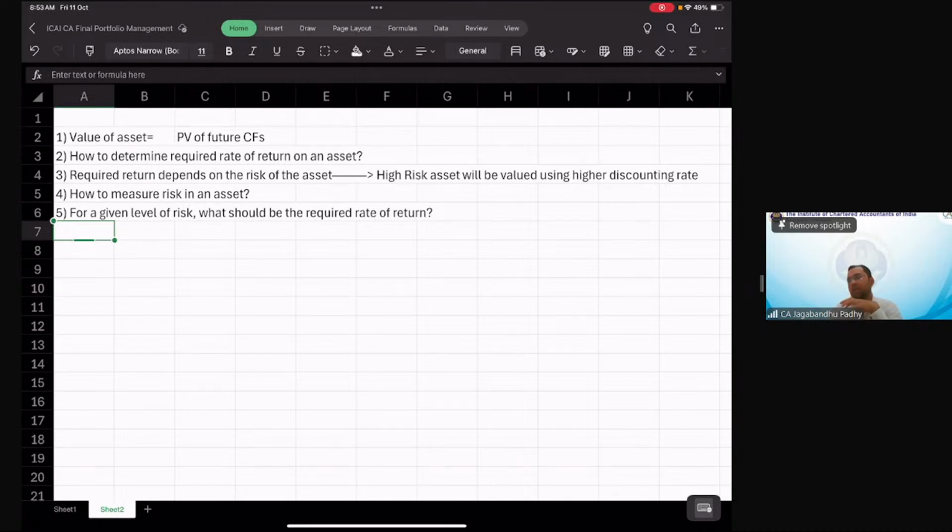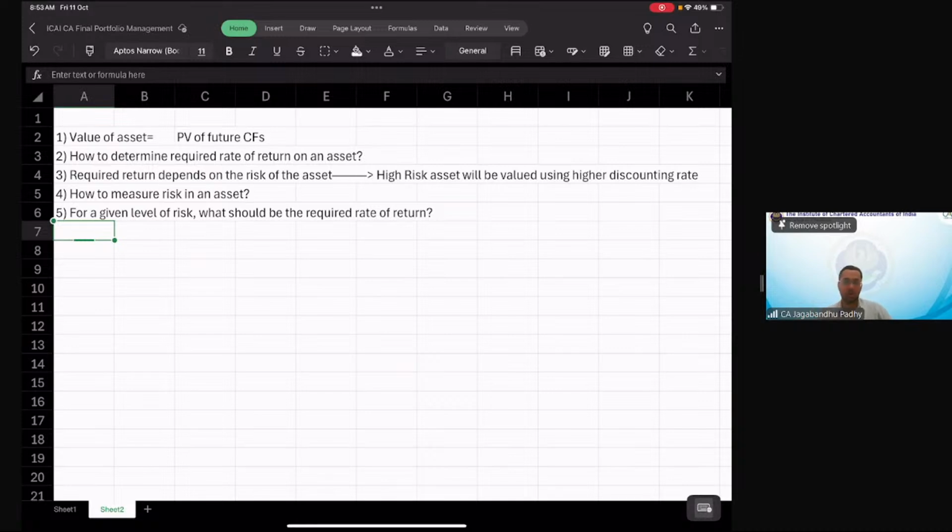Now, there has been a lot of research happening on these two questions since almost the 1940s or 1950s, so it's almost 80 years back. So this subject has been developing. Portfolio management is a subject altogether, even though we are taking it as a topic in our AFM.